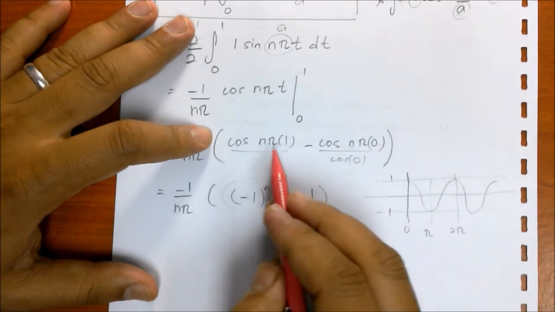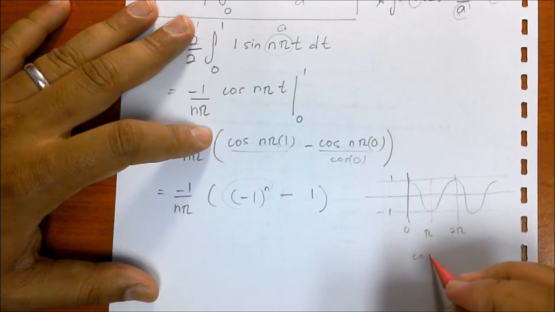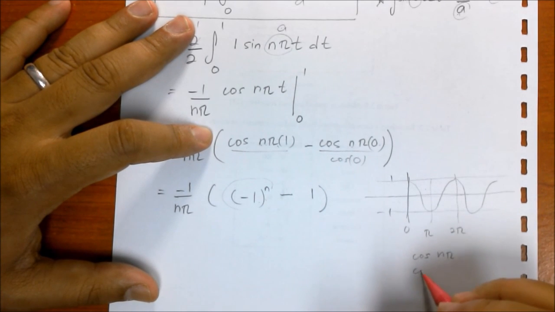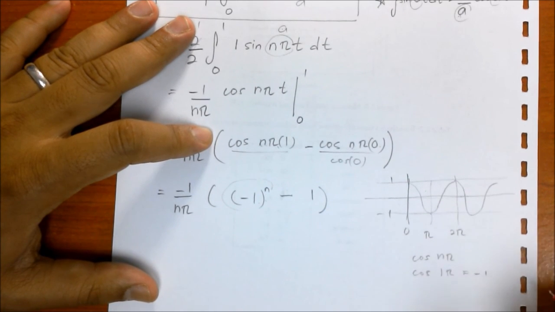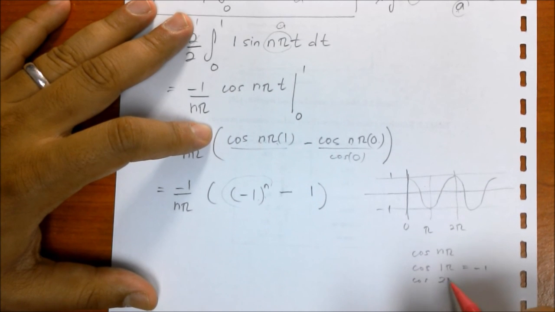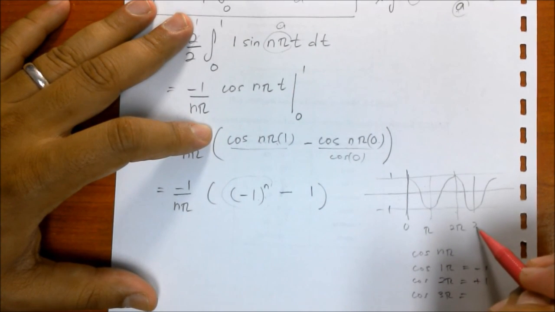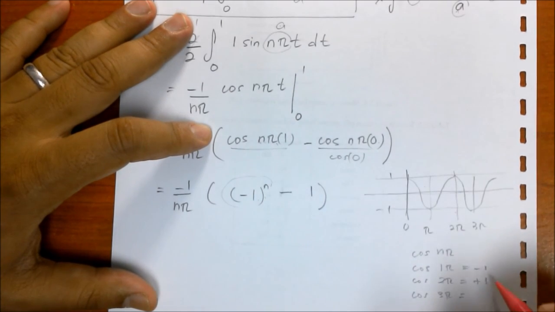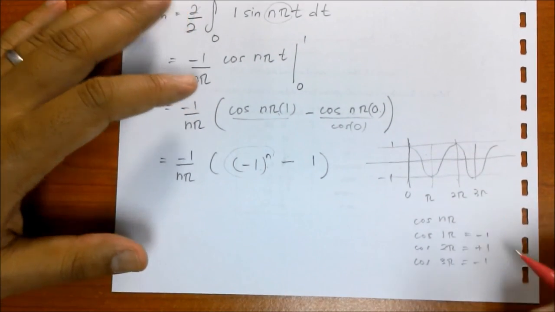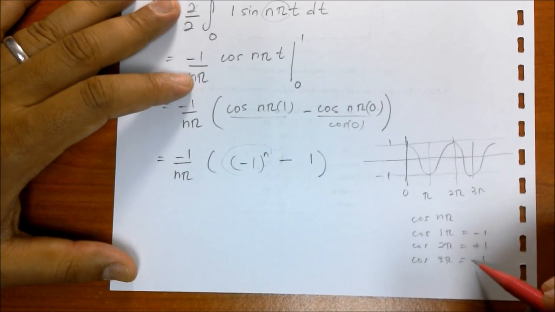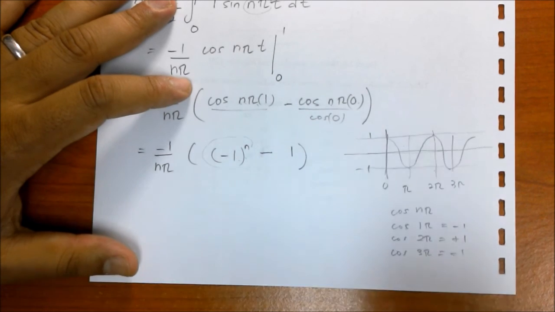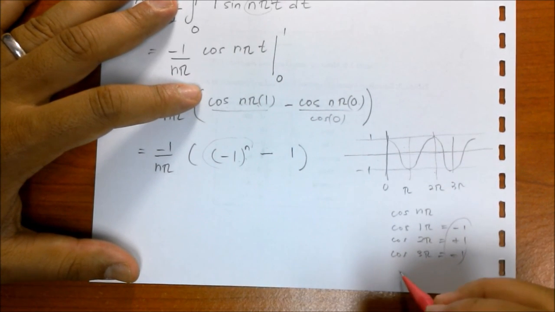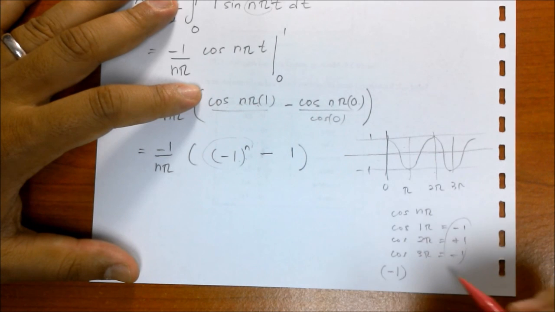So if n is 1, cos n pi, right, cos 1 pi will give us negative 1, cos 2 pi will give us positive 1, cos 3 pi, this is 3 pi, will give us negative 1. So it is like this: negative, positive, and negative. So we can simplify all this by a negative value, right?